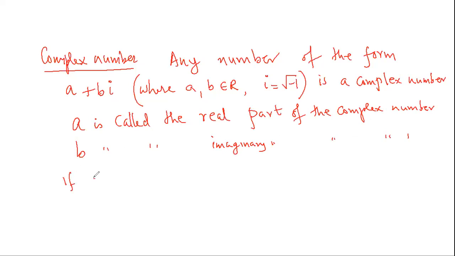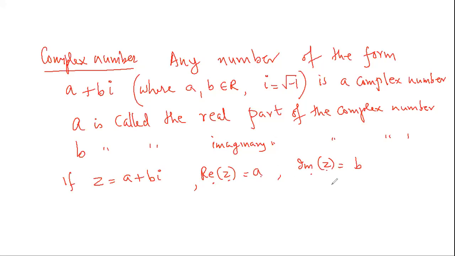So if you call Z the complex number a plus bi, the real part of Z you write Re, and the imaginary part you write Im. So the real part of Z is a, and the imaginary part of Z is b.